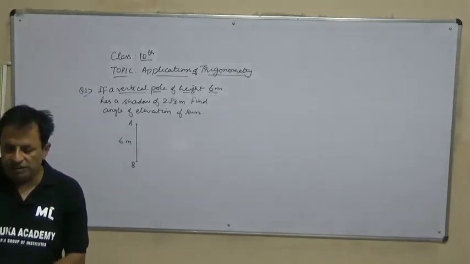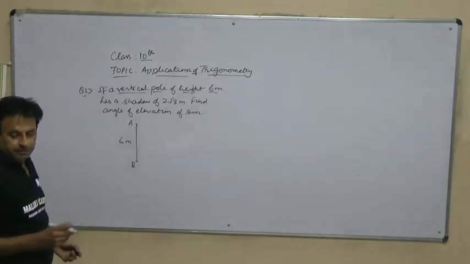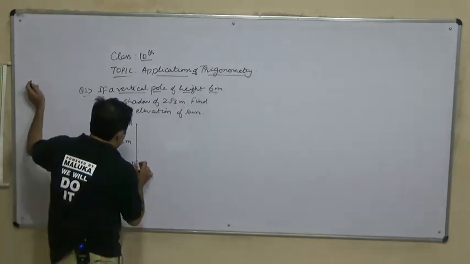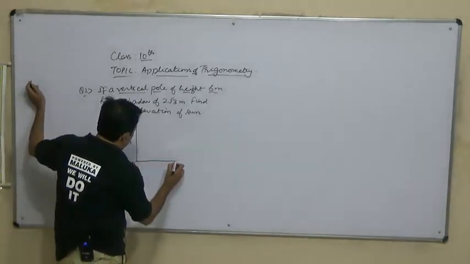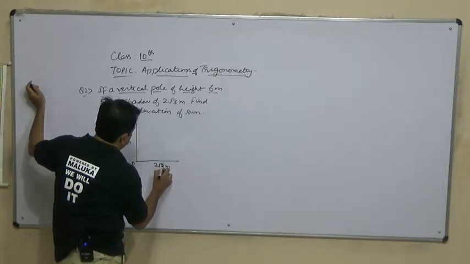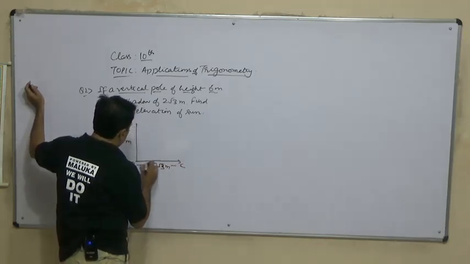The shadow is 2 under root 3 meter. Let BC be the shadow.